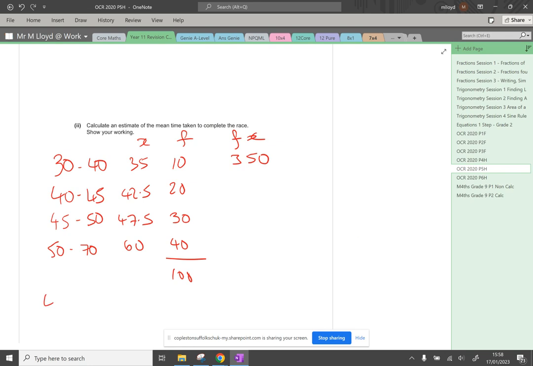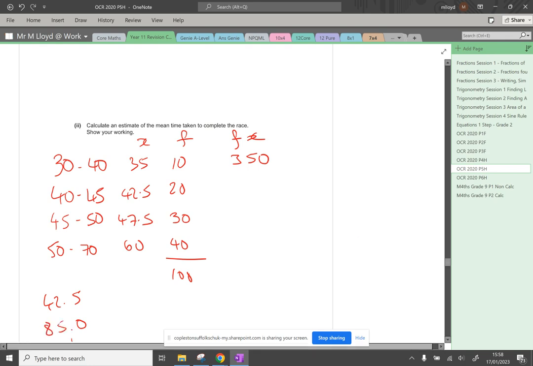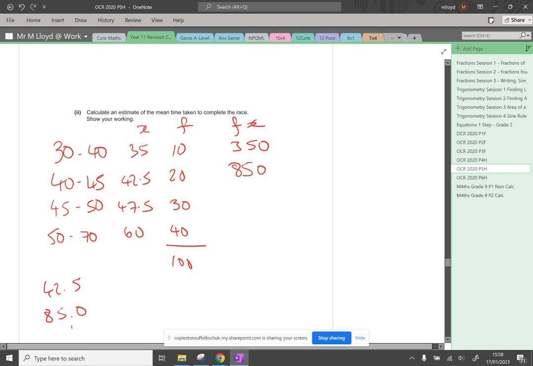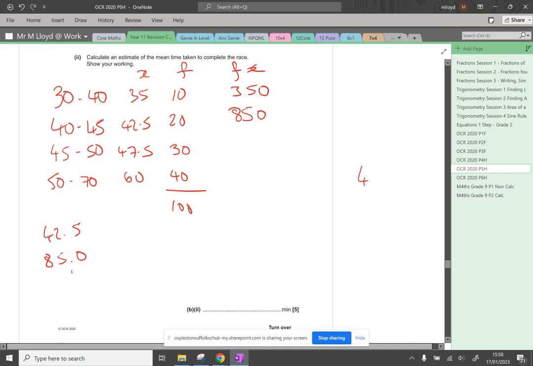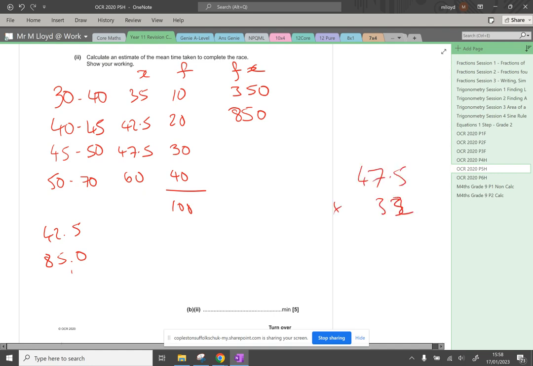Now, 42.5 doubled is going to be 0 carried a 1, 5, and then 8, so 85 in there, and then add the friendly 0 on the end. 47.5 times 3. I should write that there, shouldn't I?